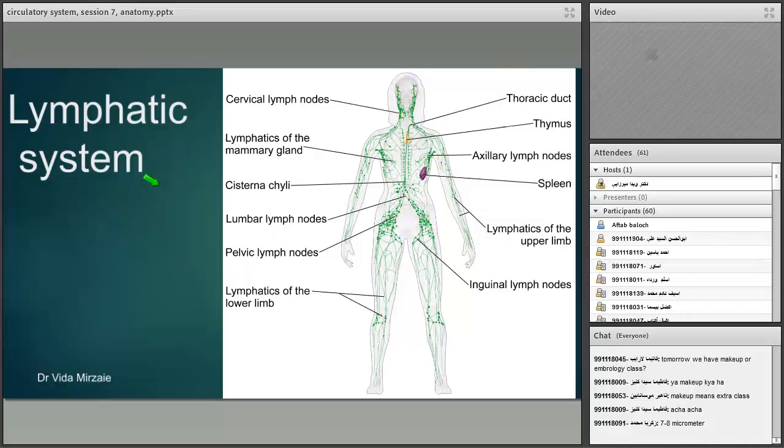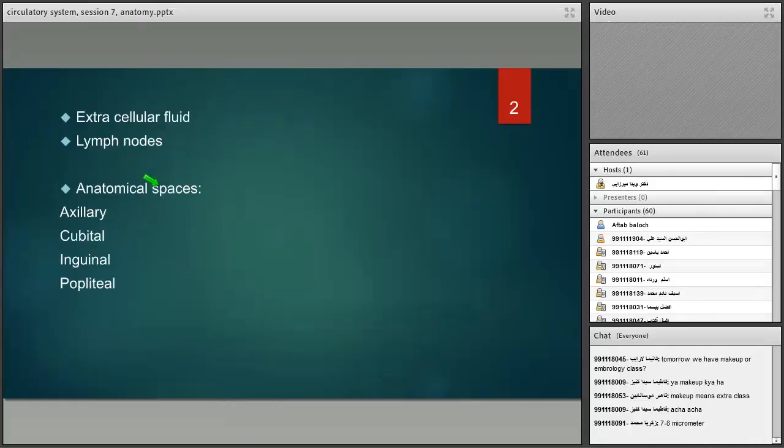There is a fluid between the cells of each tissue, which is called the extracellular fluid. The materials in the extracellular fluid are all the time exchanging with the materials in the plasma.